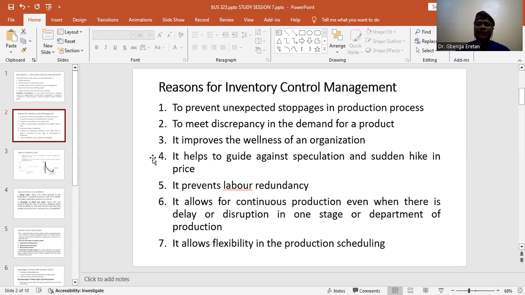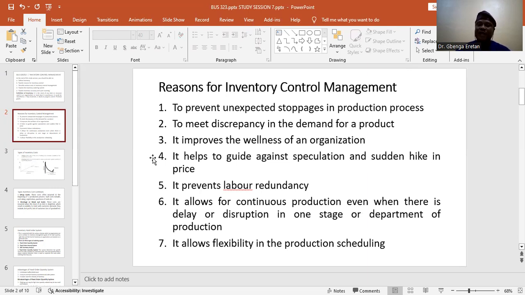So one of the reasons for ensuring the proper management of stock is to make stock available for continuous production processes. Number 2, to meet discrepancies in the demand for a product. If you are in an organization, you are the supplier of a product.